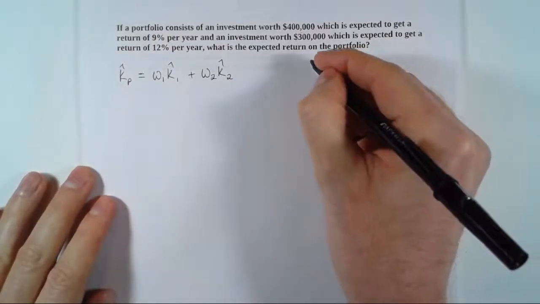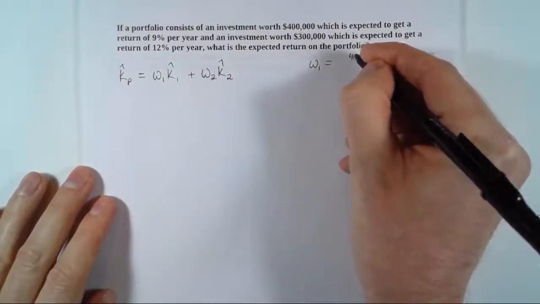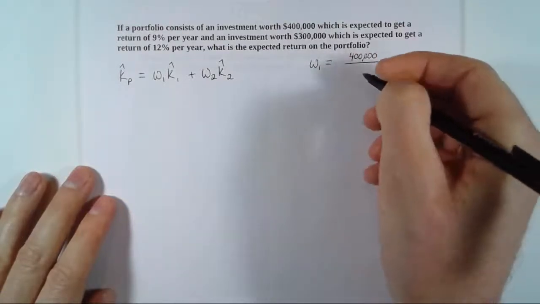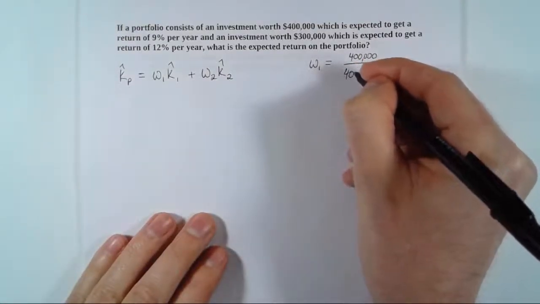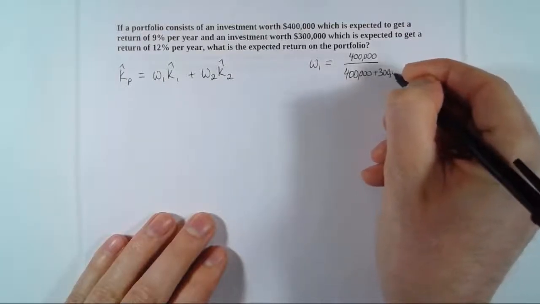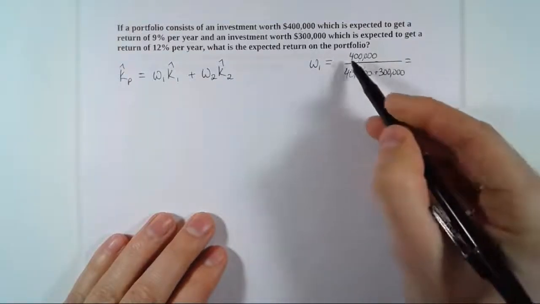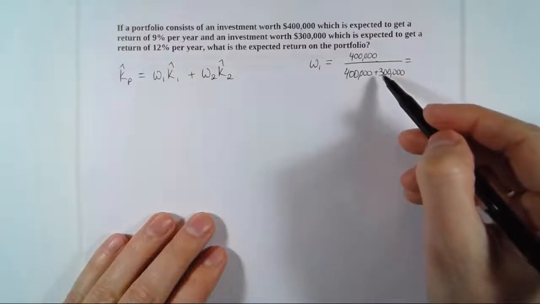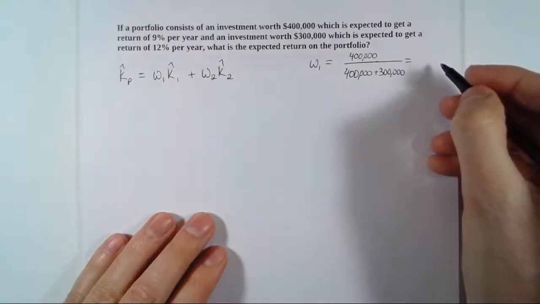So in that case, the weight of the first investment is going to be equal to the $400,000, the amount of money invested, divided by the total value of the portfolio, which is going to be $400,000 plus $300,000. So the weight of the first investment is $400,000 over the $700,000 total value of the portfolio. So at this point, you should pause the video and work that out and see what you get.